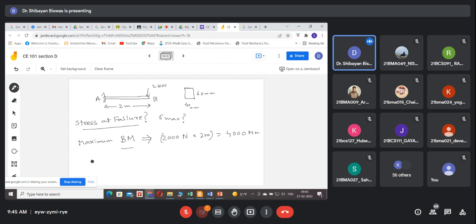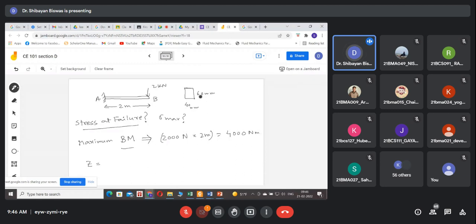Okay. Now, what is the section modulus for this section? Section modulus we can find from the sectional properties.